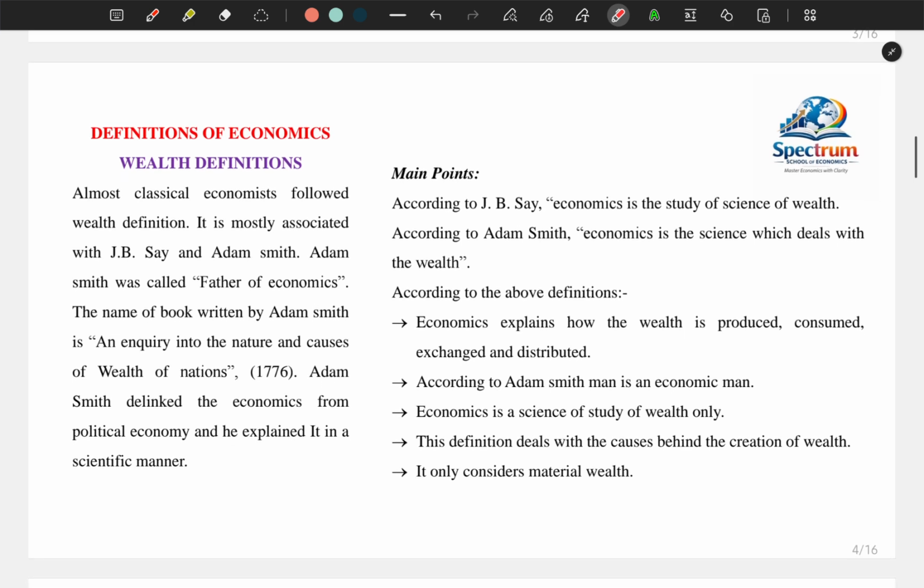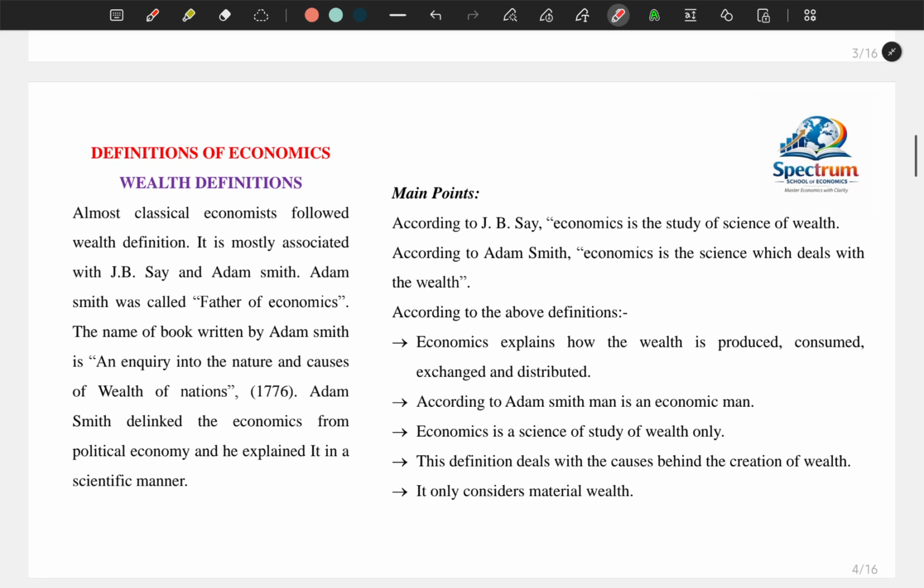When it comes to definitions of economics, there are several definitions. The first definition is the wealth definition. This wealth definition was given by the classical economists and is mostly associated with J.B. Say and Adam Smith.